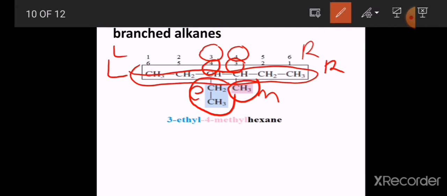So, dapat si ethyl ang magta-tiebreaker kung alin ang pipiliin natin dito, left to right or right to left. So, si ethyl nauuna, so dapat siya ang makakuha nung 3. So, that would be named as 3-ethyl-4-methylhexane.